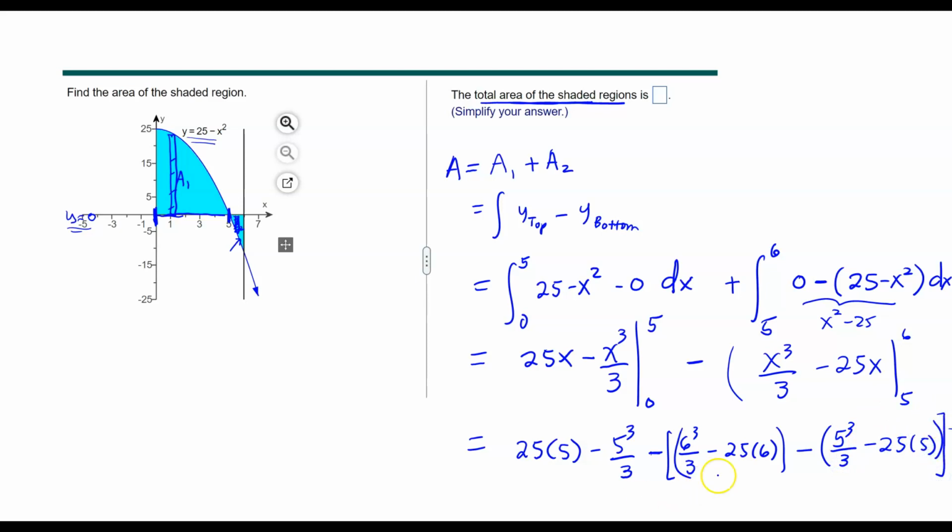There we go. And then you plug that into your calculator to find the answer. So upon plugging this into my calculator and simplifying it, I got 78. So 78 is the total area of that shaded region.